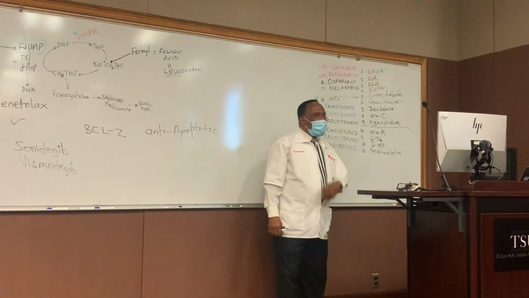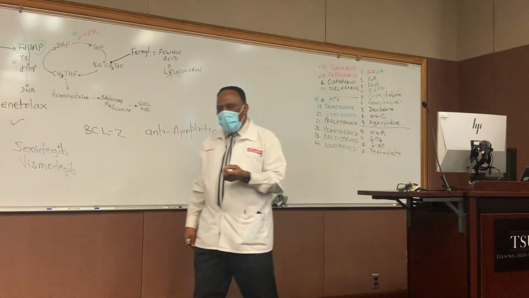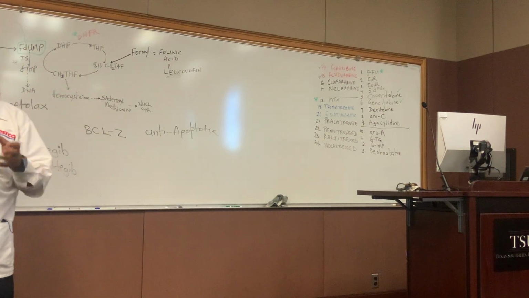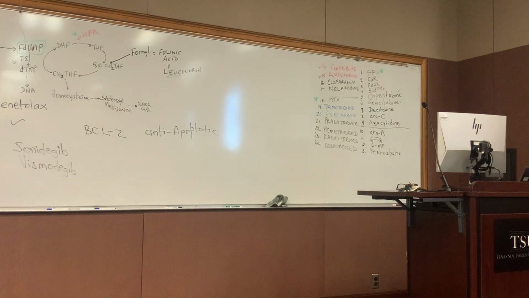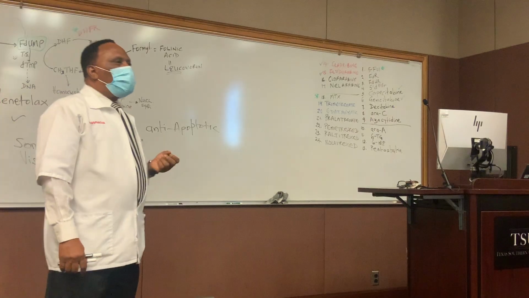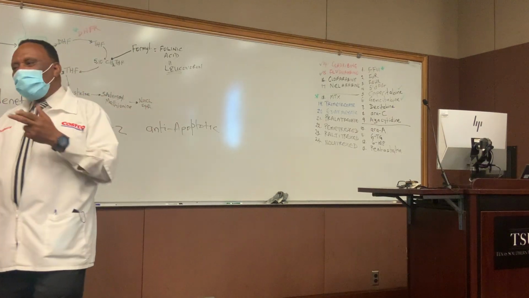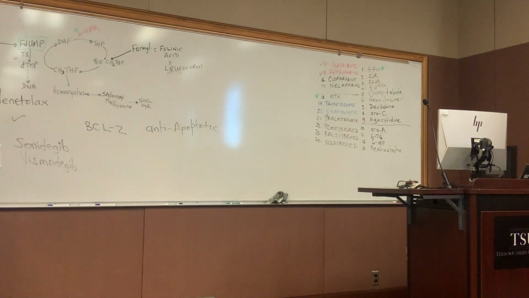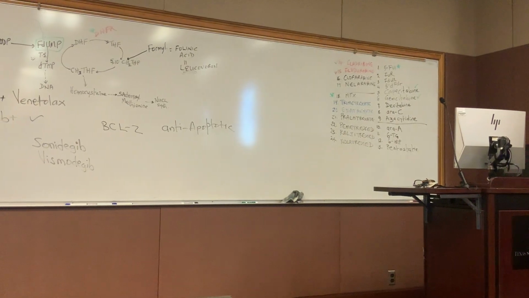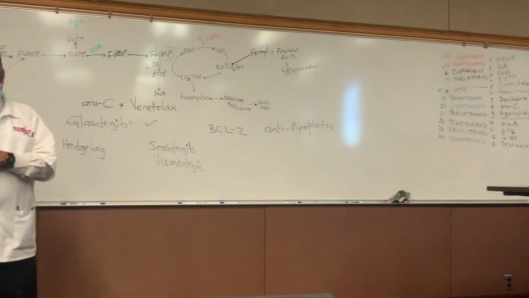6-TG and 6-MP, 6-thioguanine and 6-mercaptopurine. Those are also just used for leukemias. You can use them for acute lymphocytic leukemia, ALL. You can use them for acute myelocytic leukemia. And then you can use them for chronic granulocytic leukemia.